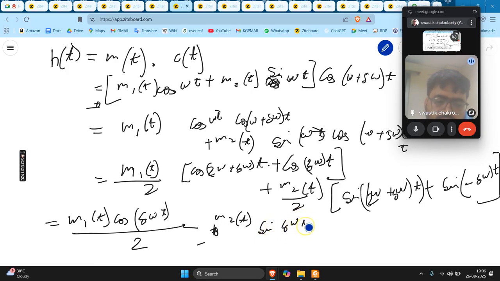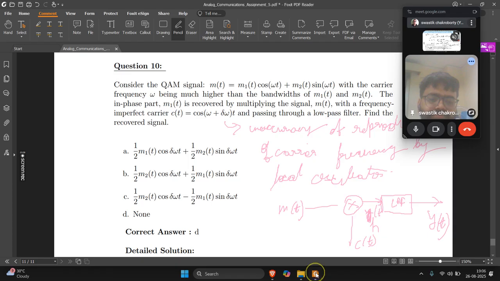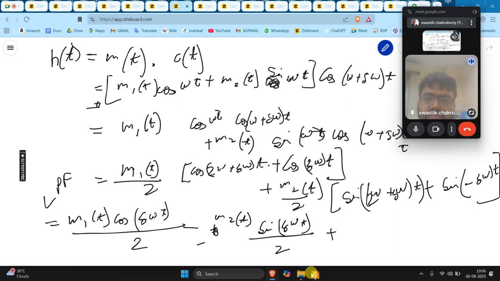These are not of the order of the carrier frequency, so they will pass, because the LPF has a cutoff. The LPF cutoff is not given, so you can assume that the LPF cutoff is omega.